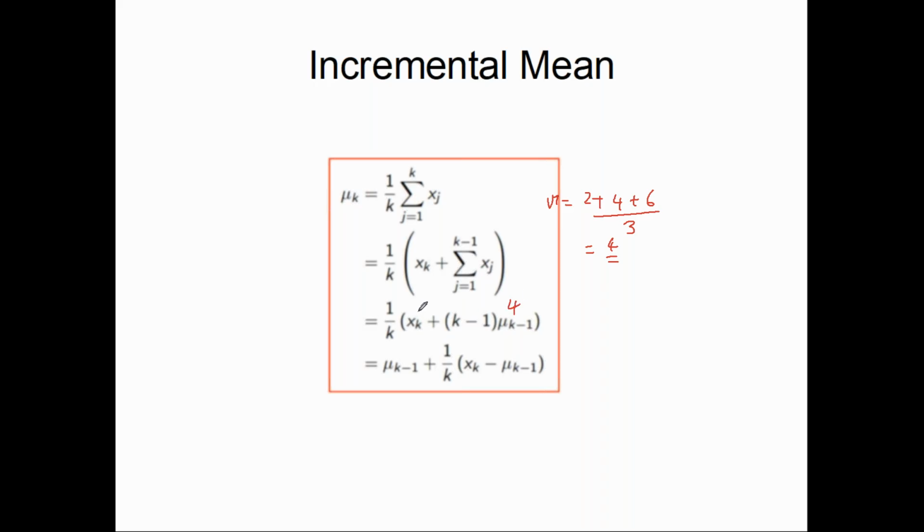The new data has to be added. Okay, new data 5. Sorry, please excuse me, I'm not able to get the math clear here. So I'll just say this is the old mean, new data, this is your new mean.